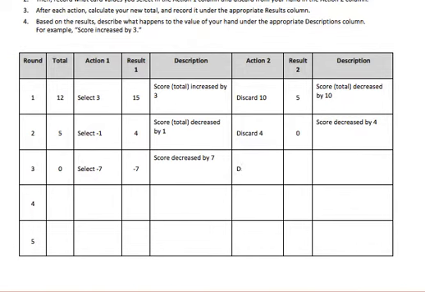If we then discarded a -2, if we have -7 and we throw away -2, we would still have -5 left over. So our score actually increases by 2.